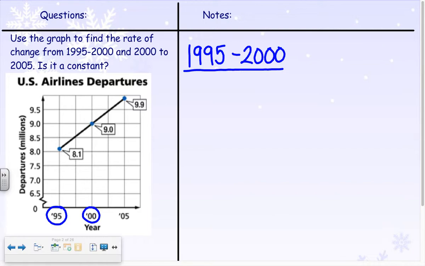Remember, we want rate of change, so change in y over the change in x. Don't forget, you always want to do y over x. So our change in y, change in x.